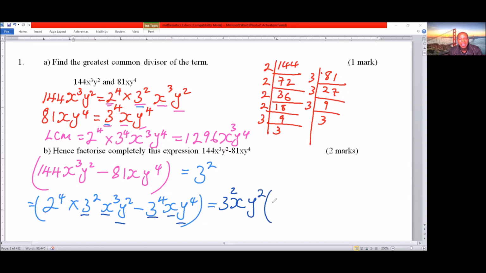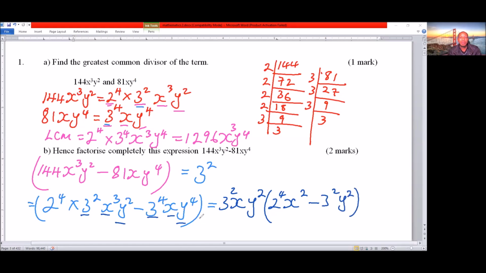Then what is left inside the bracket? Here we have 2 to power 4 x squared, and then minus. Here we factored out 3 squared, so we are left with 3 squared, and then we factored out x, so we are left with y squared.